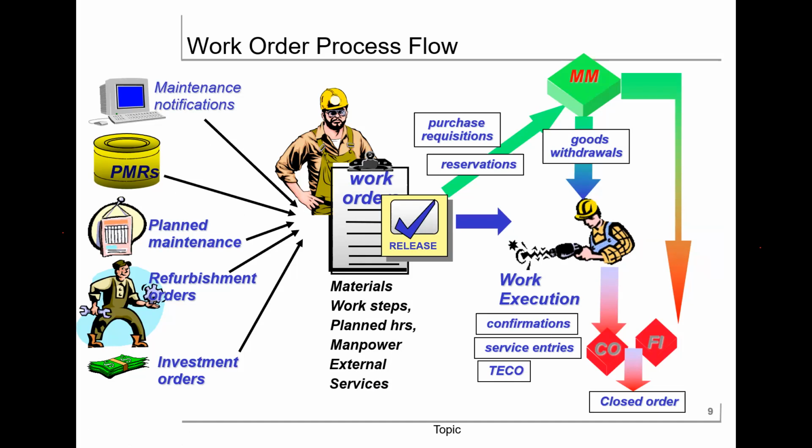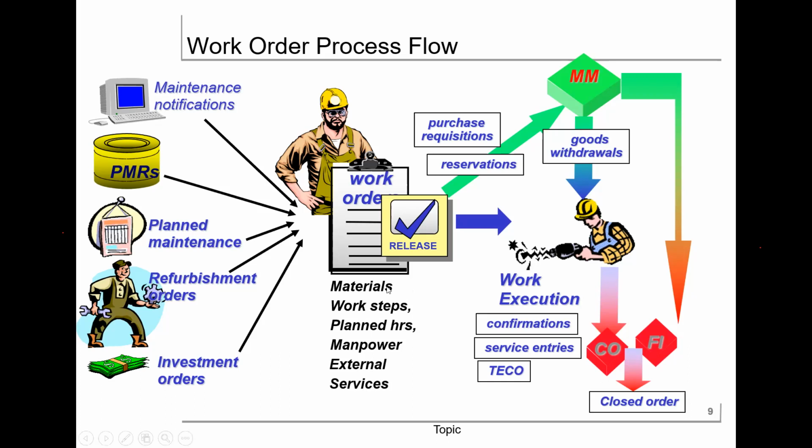Just like in our home, there is a ceiling fan which needs repair, and we call a technician from outside to come and repair the fan. So it means you are procuring external services. All these can be included in the work order, but it is not mandatory that all will be maintained. As per the requirement of the maintenance, any of these things or all can be maintained.